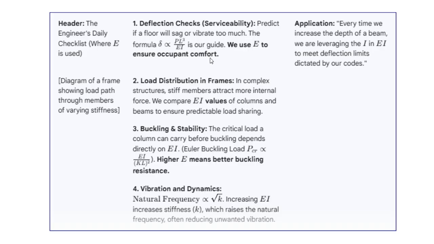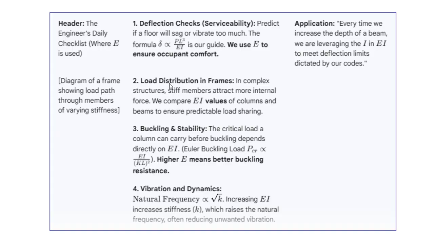We use E to ensure occupants' comfort. P is the load, L is the span length, E is the stiffness, the modulus of elasticity, and I is the moment of inertia. So EI combined is the exact combined stiffness of the member. That's why EI is combined.